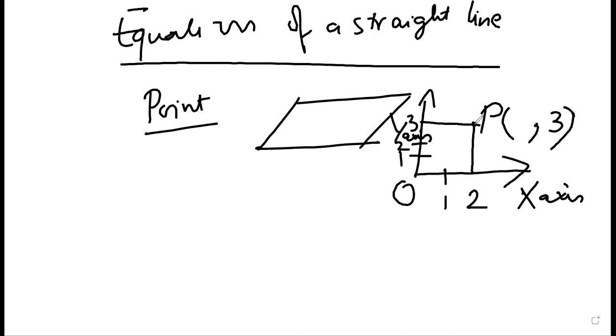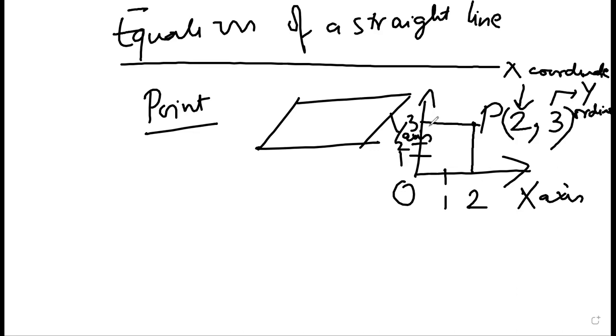And the perpendicular distance of this point P from the y-axis gives us the x coordinate. This is the x coordinate, or we can say the x ordinate, and the y ordinate gives us the way to locate the point.